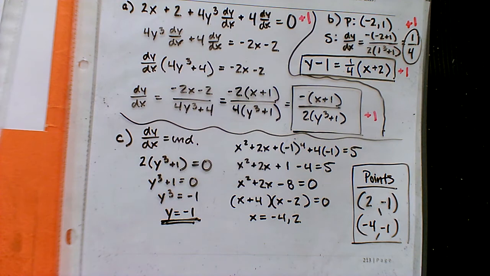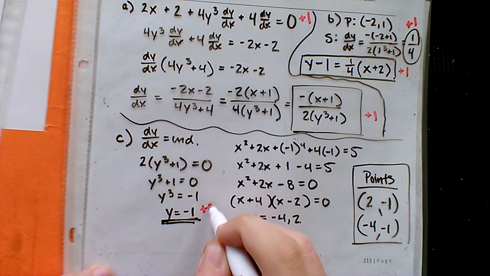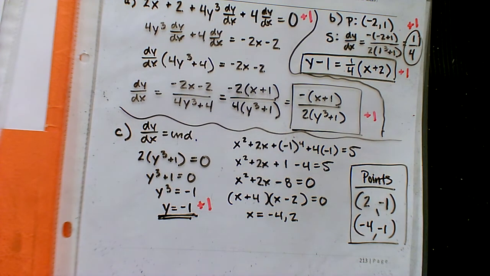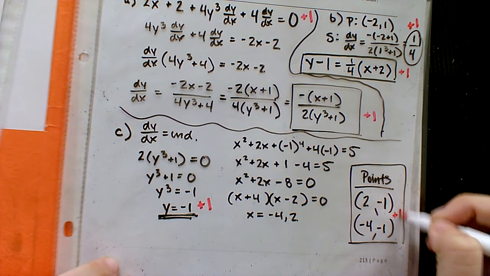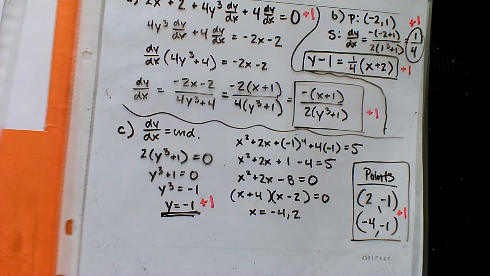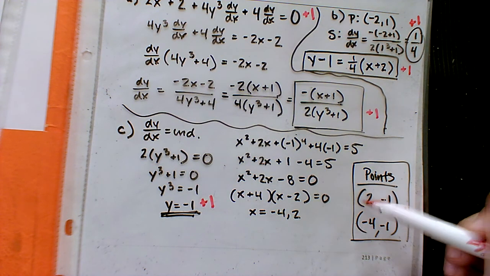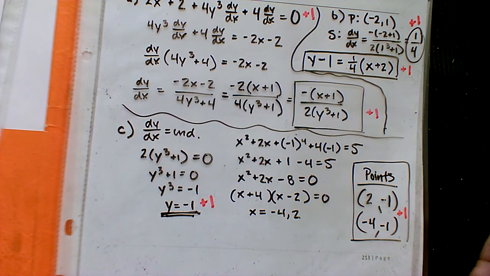All right, on the AP exam, if you were able to get the y value of -1, that was worth a point. And if you were able to get both of the final points, that was worth a point. Okay, I don't really think they give half credit on the AP exam. So for this case, if you had one but not the other, you would actually lose the whole point. So it's kind of an all or nothing type deal.